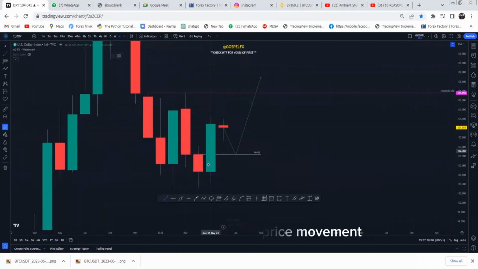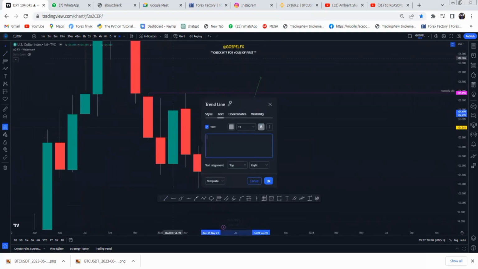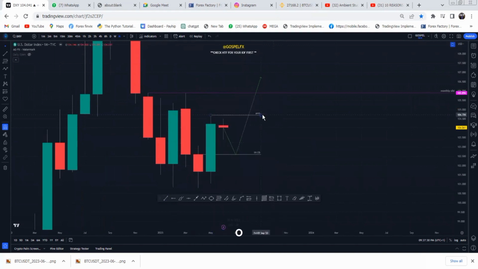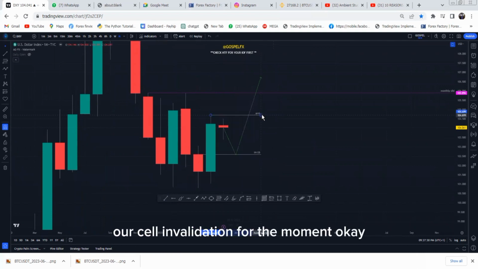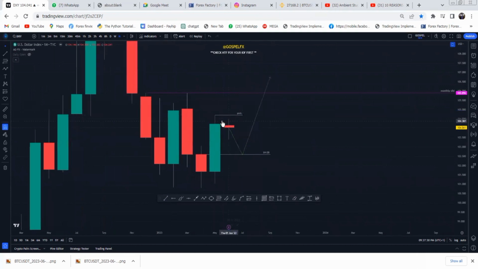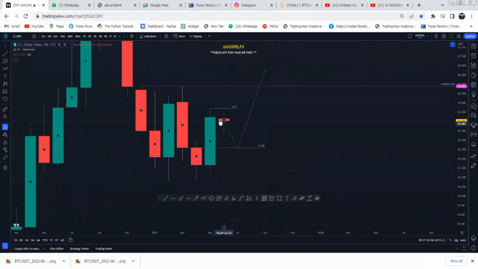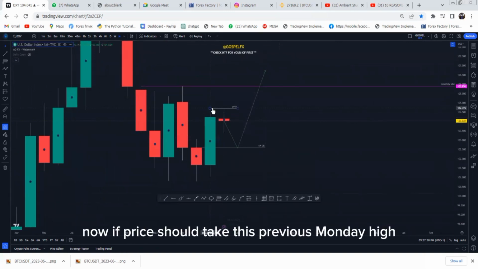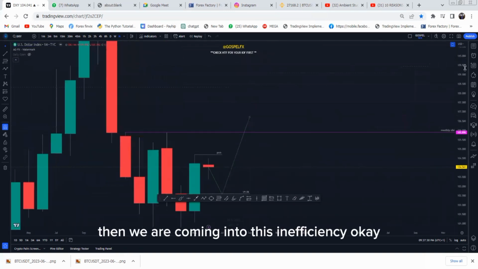When I look at this price movement, the close of this candle, I have this previous monthly high. This previous monthly high is going to be our sell invalidation for the moment. Now, if price should take this previous monthly high, then we are coming into this inefficiency.